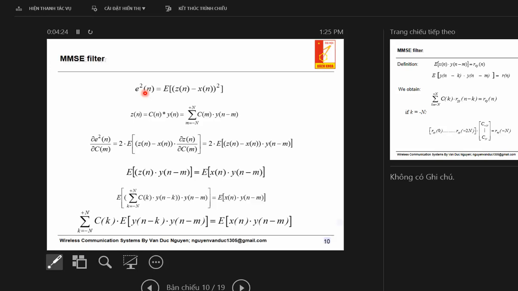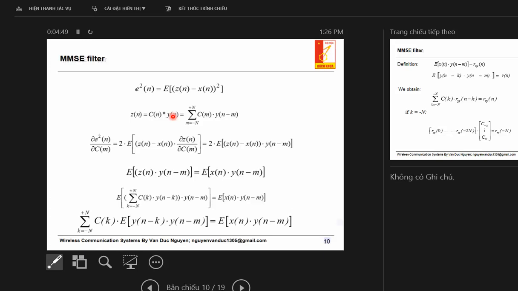In order to minimize this error, you need to follow my calculation. Here, please set z_n, that is the output of the filter. That is the convolution of the channel coefficient with the input and filter.